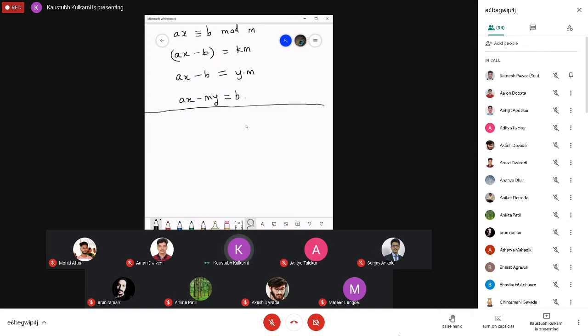So we say that integers a and b are multiplicative inverses mod m if a multiplied by b is congruent to 1 mod m.